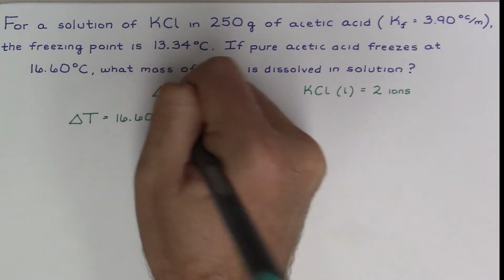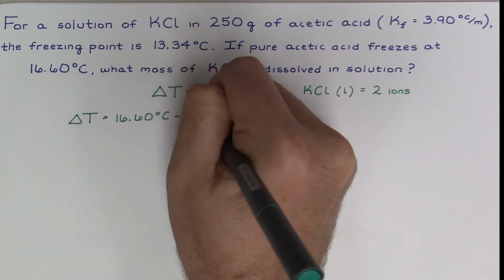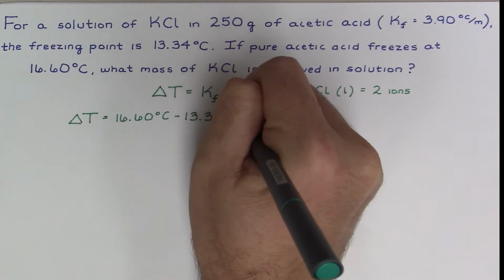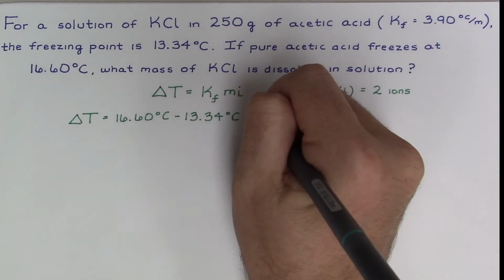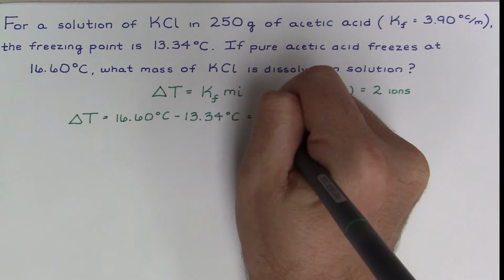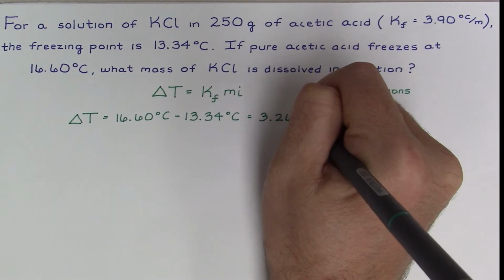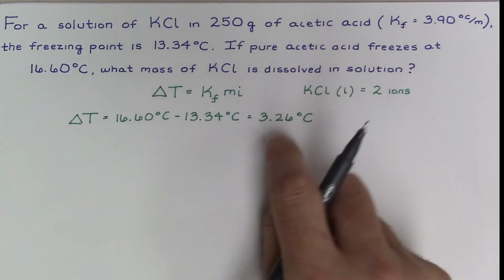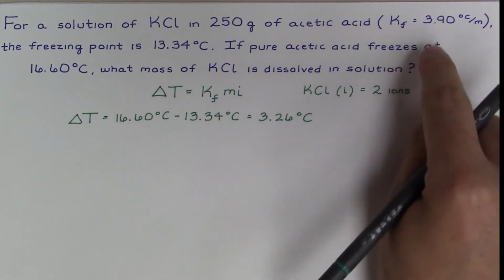So we will take 16.60 degrees C and subtract our 13.34 degrees C, and this will give us our temperature change. That value is 3.26 degrees C. This shows that our temperature went down by that 3.26.